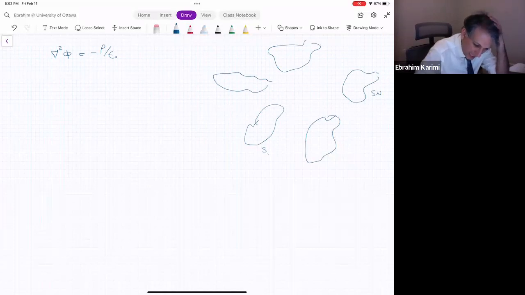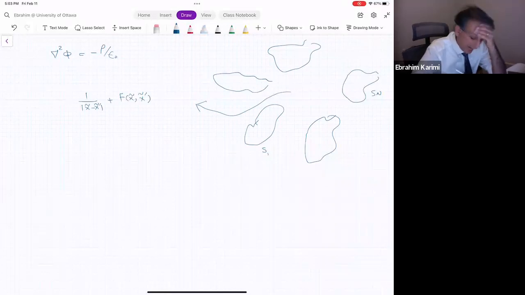Then in that region, you have two functions. One function was 1 divided by |x minus x prime|, and the other function was f of x and x prime.